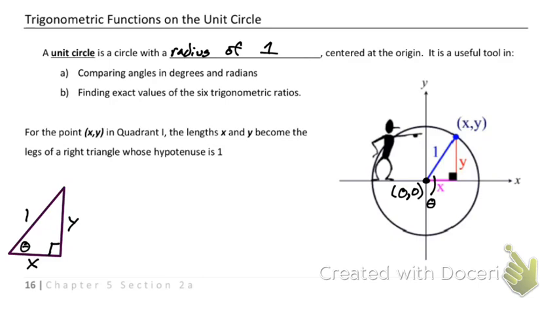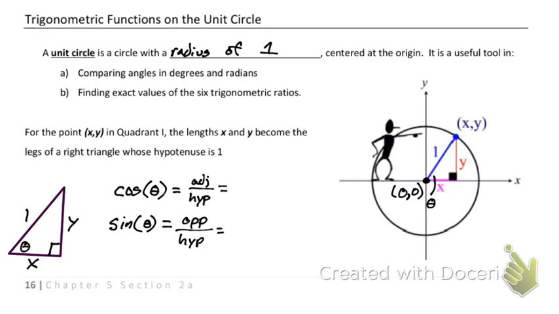Now let's talk about cosine and sine. We're going to talk about cosine of that theta angle, and we're going to talk about the sine of that angle. Cosine is just CAH, adjacent over hypotenuse. So remember, that is adjacent over hypotenuse, where sine is opposite over hypotenuse. Well, we can put values to that.